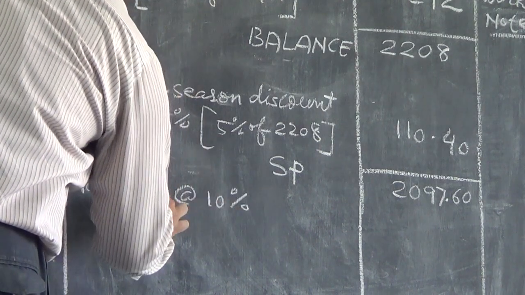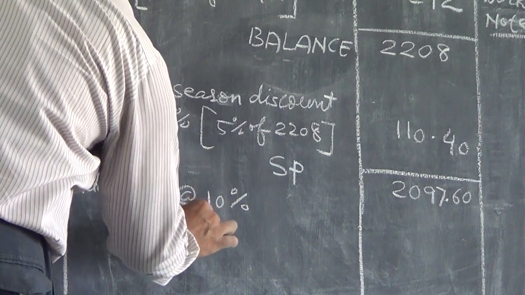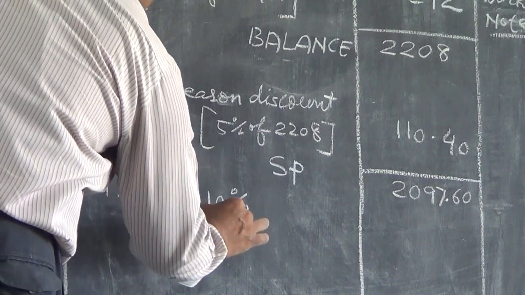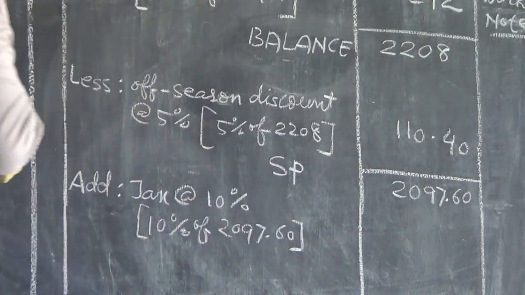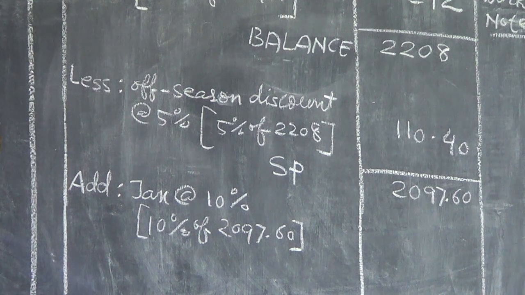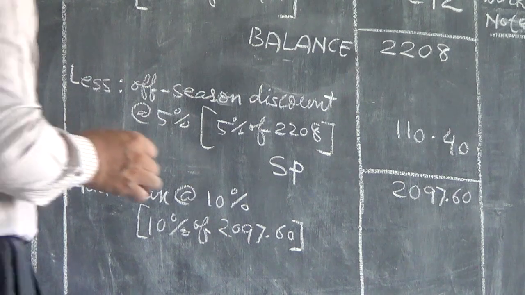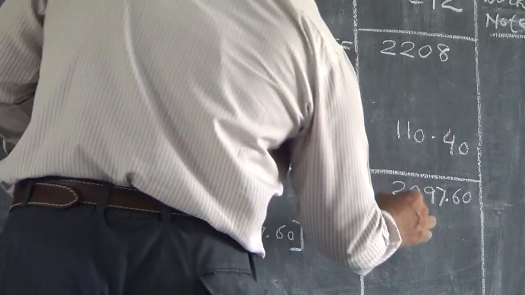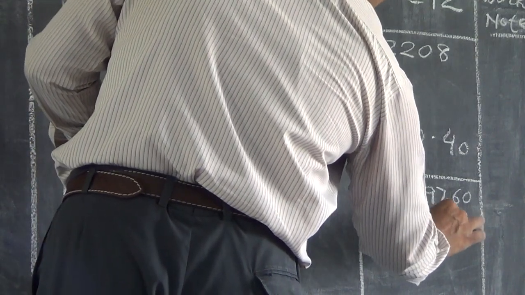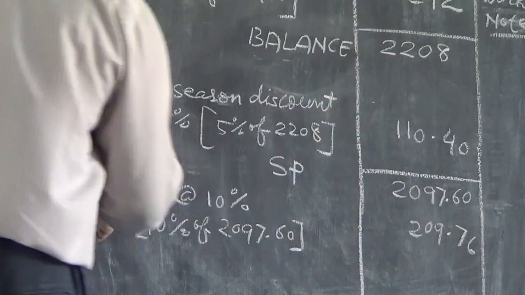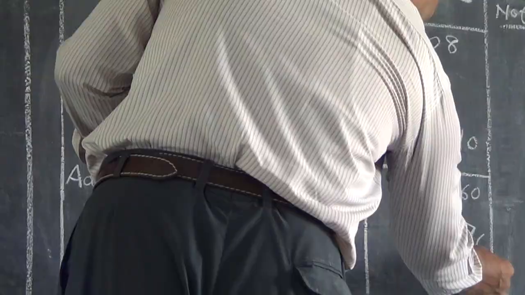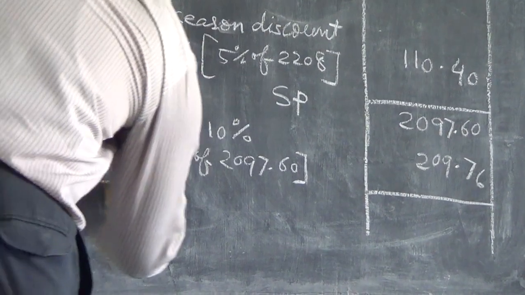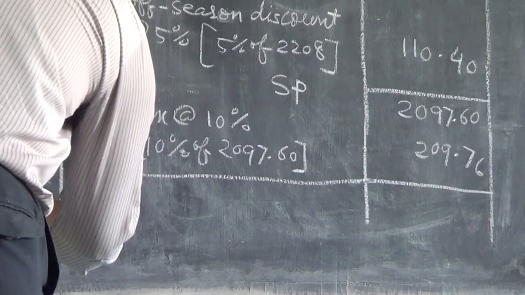And here I will write in the bracket 10% of 2097.60. 2097.60 into 10% is 209.76. This is added, so it is given, and what I will get is called the final price.